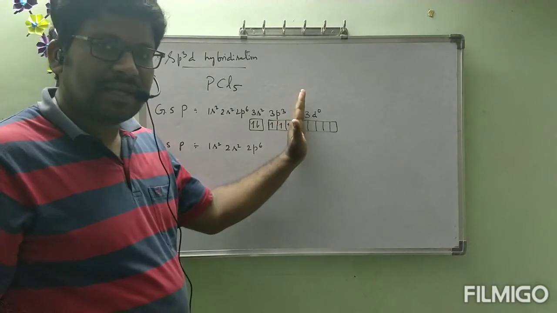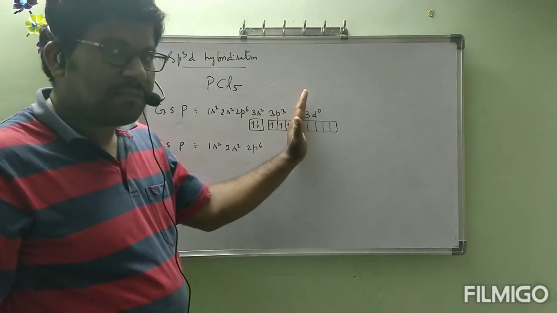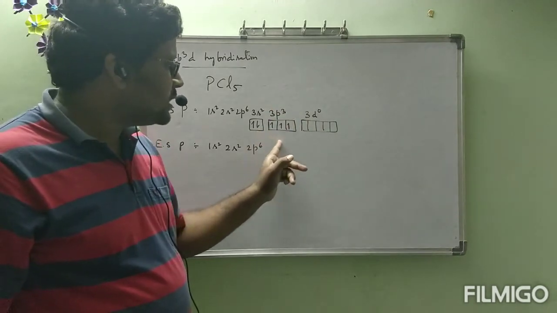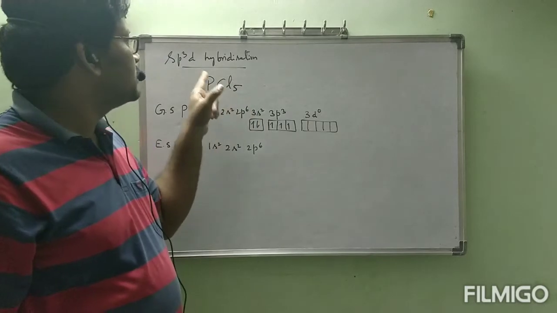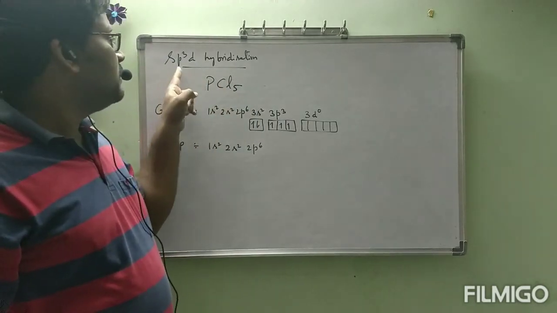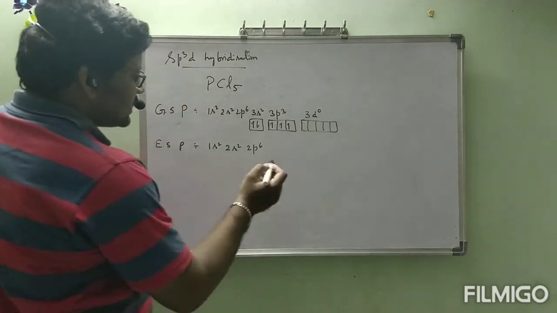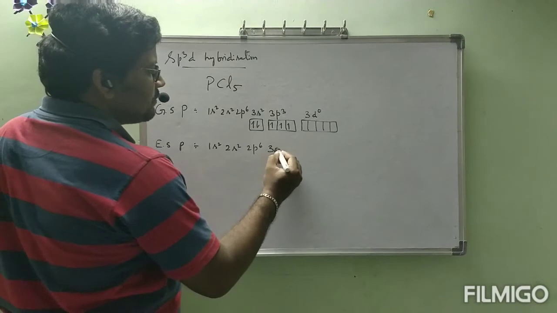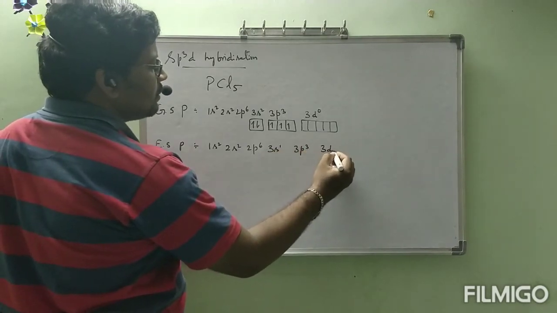So while writing the electronic configuration, we will not mention that one. But here we will take the help of this d orbital for an electron to be excited to this higher energy state. That is why we are taking the help of the d orbital. For sp3d hybridization: one s orbital, three p orbitals and one d orbital. Now the excited state configuration is 3s1, 3p3, 3d1.